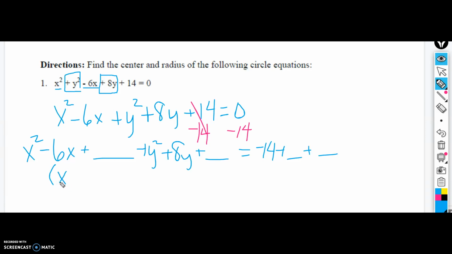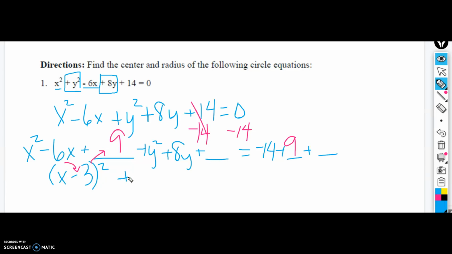I'm going to start with my x. Then I'm going to say to myself, half of negative 6 is negative 3. Squared is going to go in that blank, and that is 9. See how I did that? So half goes down here. The squared goes up here in the same step. So then I'm going to put my 9 over here also.